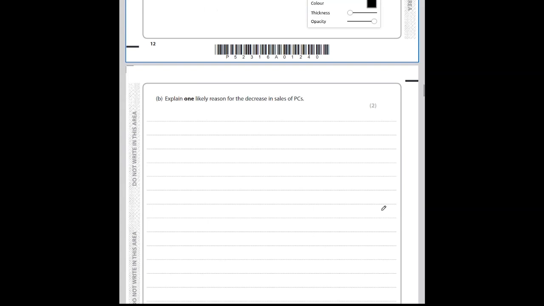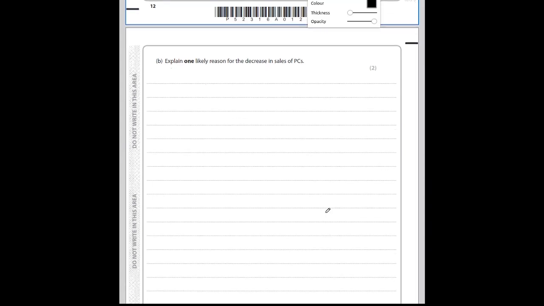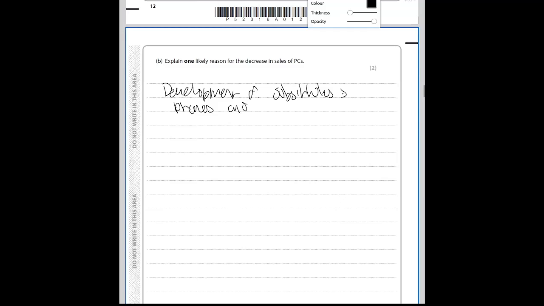B says, explain one likely reason for the decrease in the sales of PCs. So I might say the development of substitutes, phones and tablets.